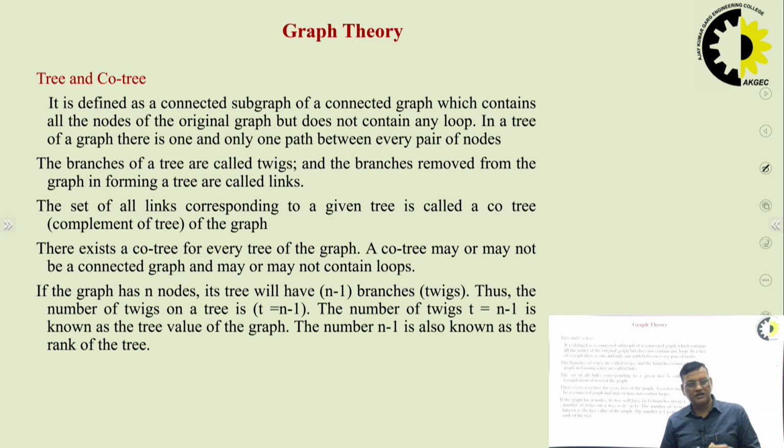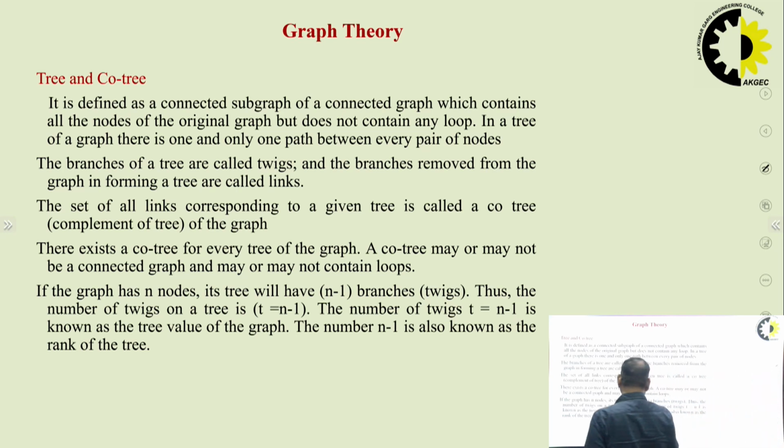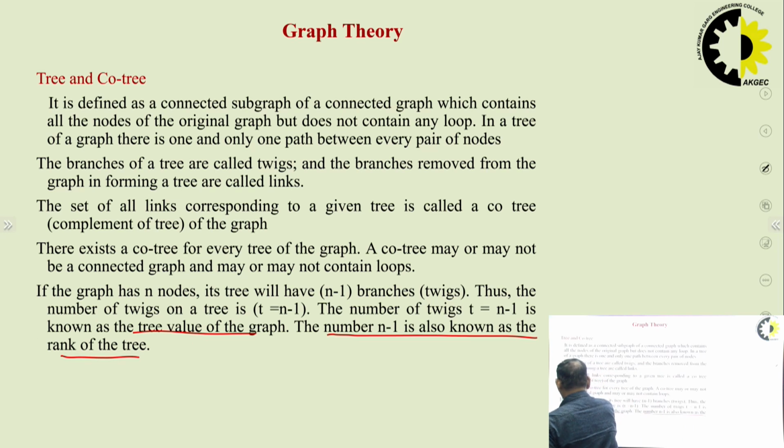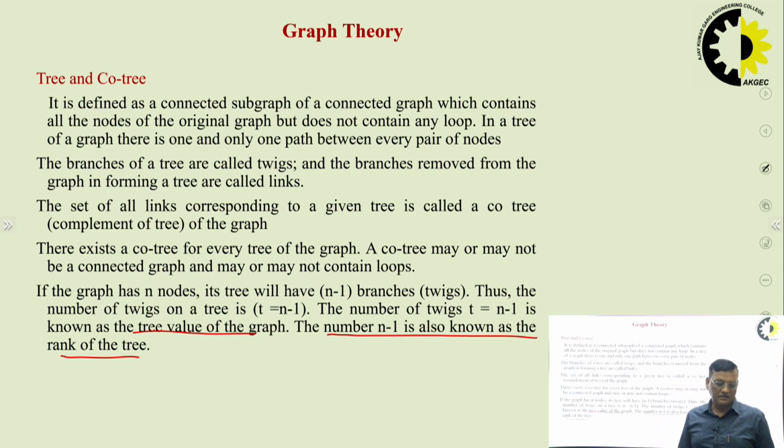So in this slide: what is a tree, what is a co-tree, what is a link, what are twigs, and in addition, what is the tree value of a graph and what is the rank of the tree. We can find the tree value and the rank of the tree using these formulas.